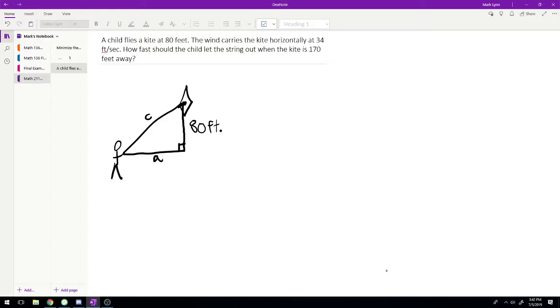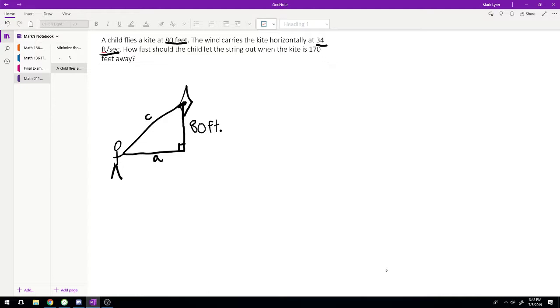Before we express anything in an equation, let's write down what we know. I already took care of this 80 feet piece of information. Then we have that the horizontal is changing at 34 feet per second.